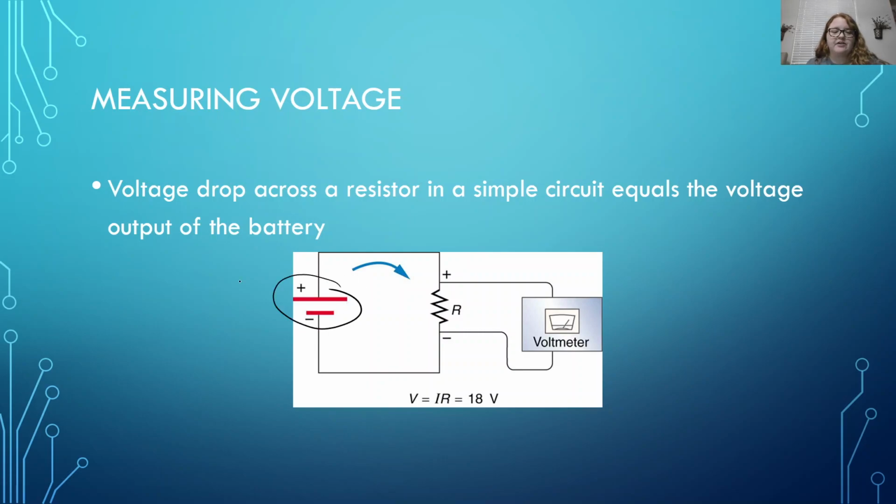So we have our battery here and our resistor, our voltmeter, okay? And so this voltage drop, or that delta V, will provide us with the output voltage of the battery.